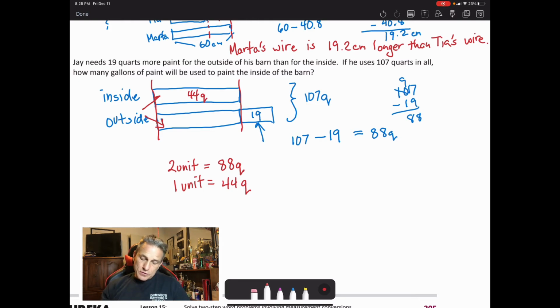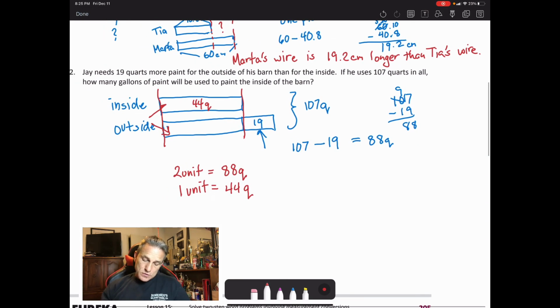So the only thing I have to do left is convert quarts into gallons. So I'm going to take 44 quarts equals how many gallons? All right, so we're going to take 44 quarts.